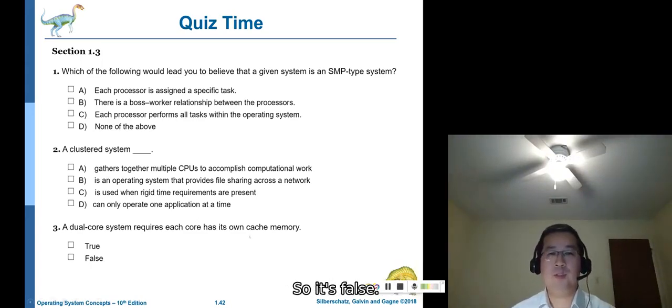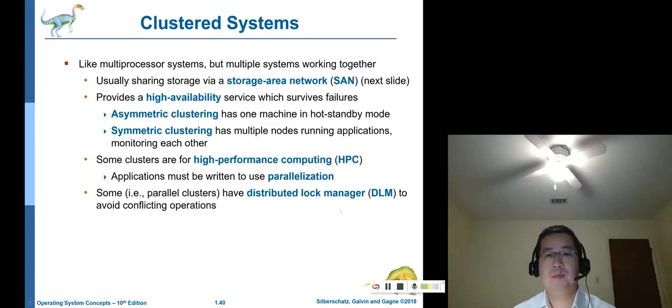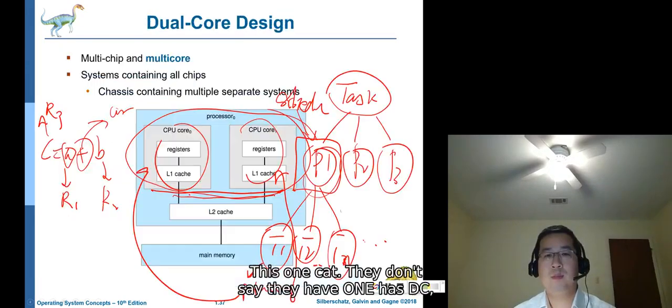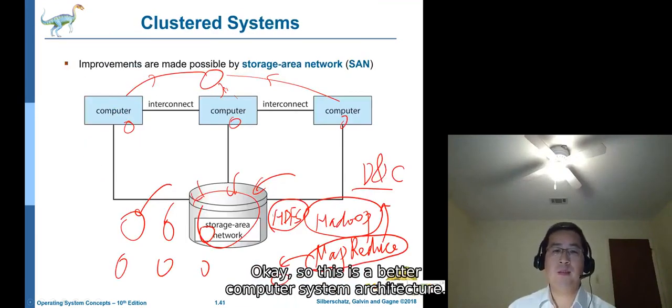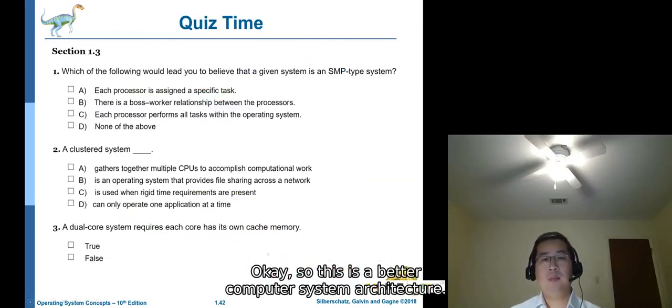So it's false. They don't say they have their own, because L1 is their own, but L2 is shared, so we cannot say they have their own. Okay, so this is about computer system architecture.